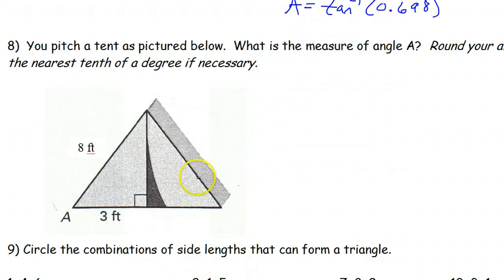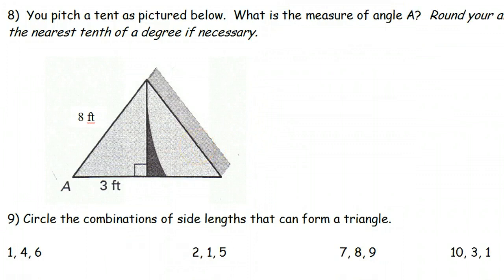Okay, I'm just going to do one more problem on this video, because then it changes to a different type of problem. But number 8 is similar to the other problems we've done. So let's go ahead and include it in this set. You pitch a tent as described below. What is the measure of angle A? Slow down.